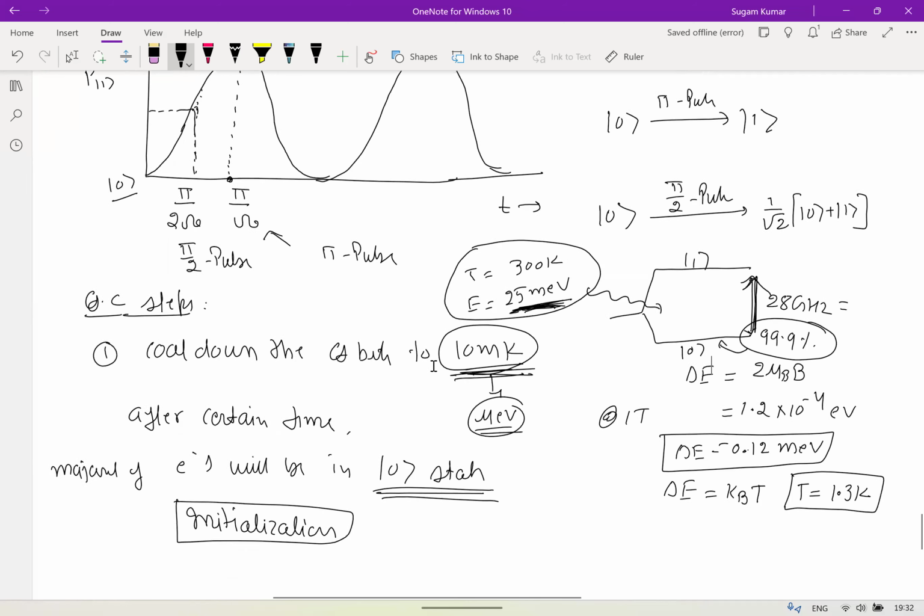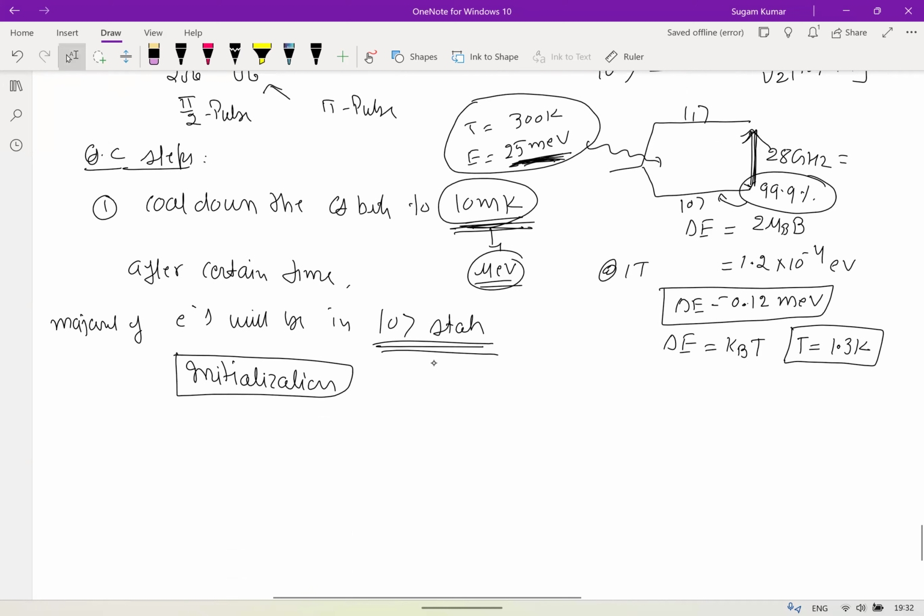So now you can see that all the electrons are in the zero state: electron number 1, electron number 2, electron number 3, every qubit in the zero state. This is the first step in quantum computing: initialize.